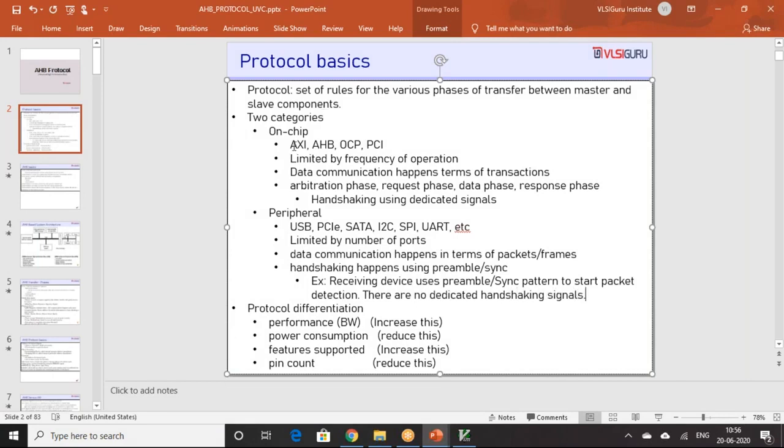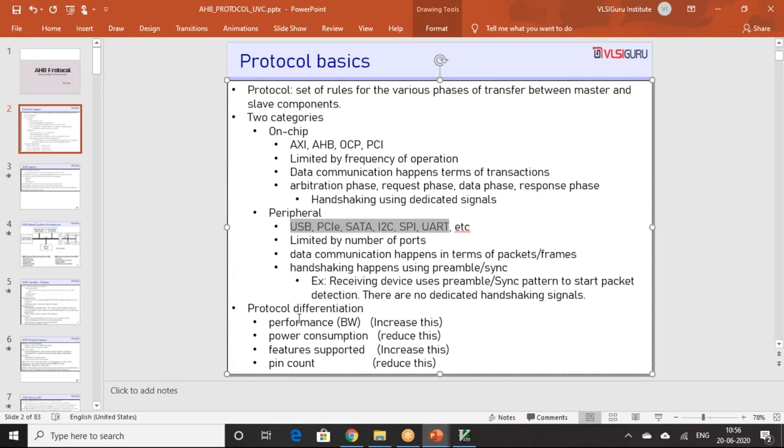Now we have been talking about so many protocols, 4 protocols here, another 6 protocols here. Like that, if you list them down, you will probably come across 50 protocols in VLSI. So with so many protocols, how do you decide which protocol is suitable for you, which is the right protocol for you? That is where we need to understand how protocols differ from each other.